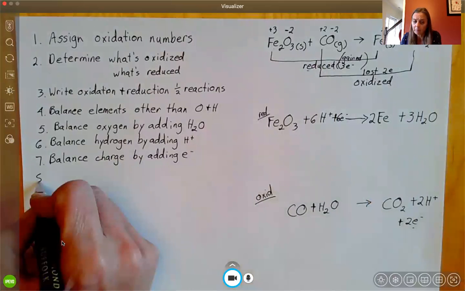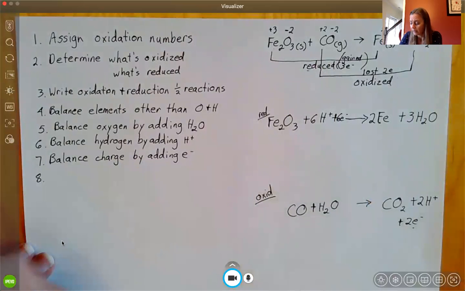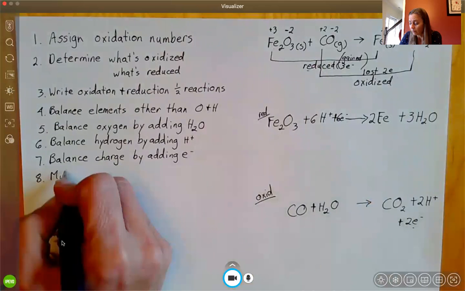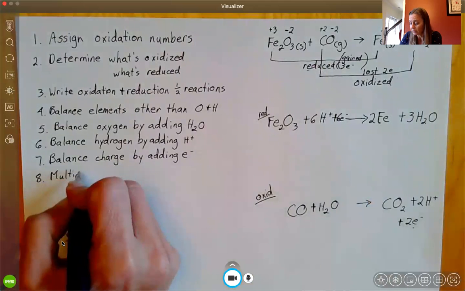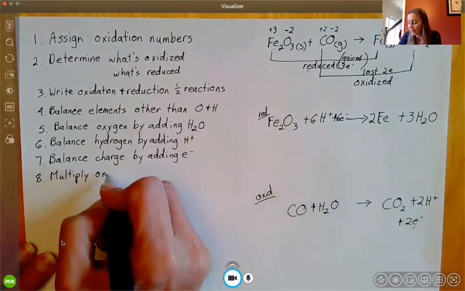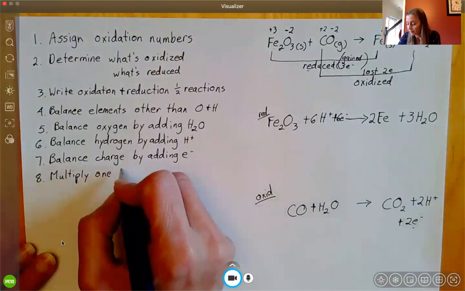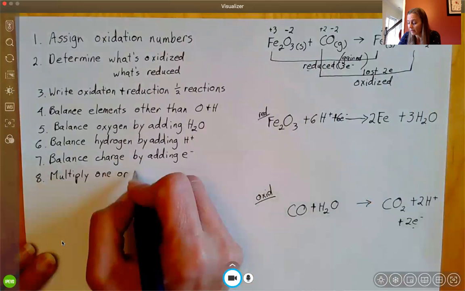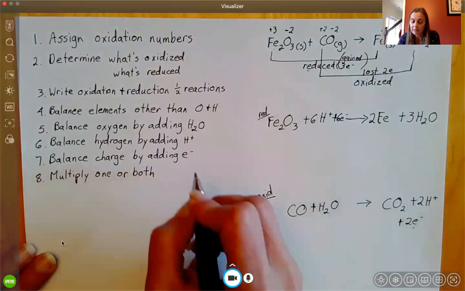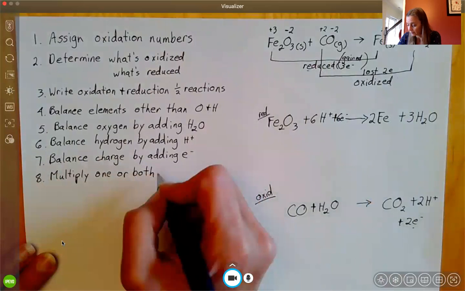But in order to combine these 2 reactions, we're going to have to multiply one or both equations by an integer in order to make electrons lost equal the electrons gained.